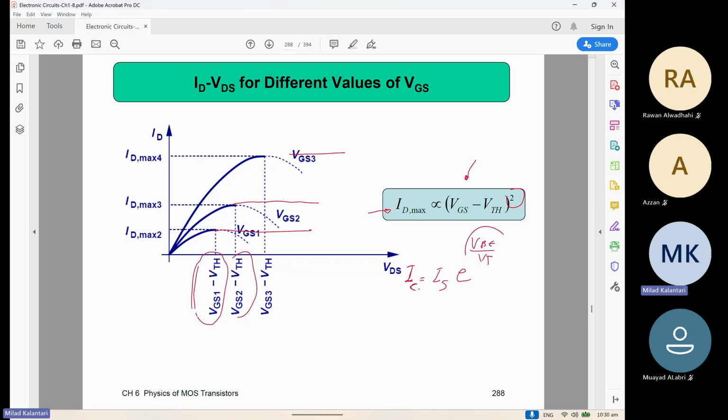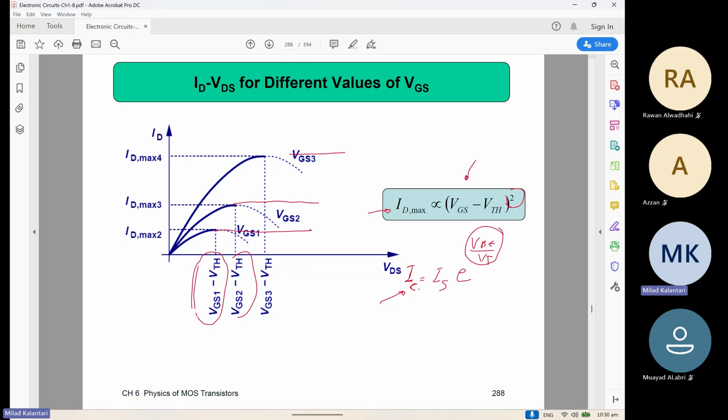So from one perspective the collector current is much more nonlinear than the drain current of the MOSFET, because the drain current is also nonlinear because of this square, but it is still just a single polynomial of second order, whereas the collector current is exponential.